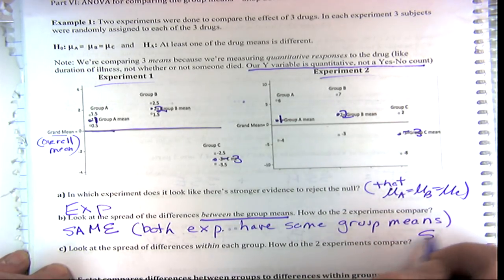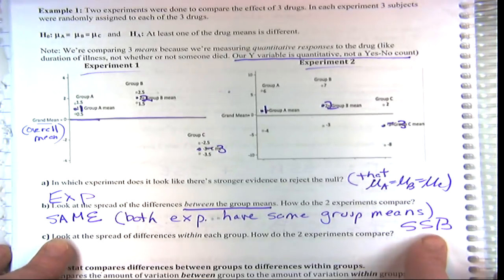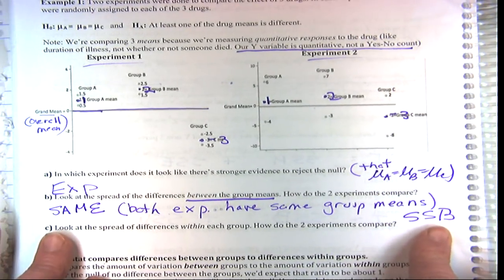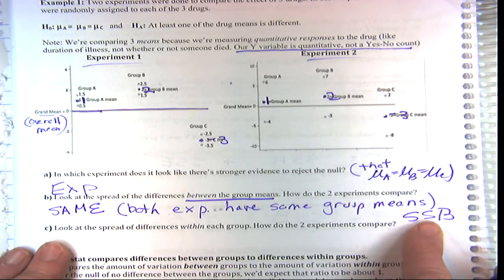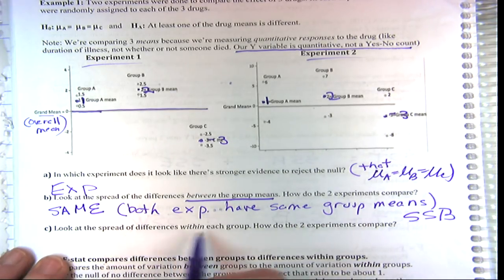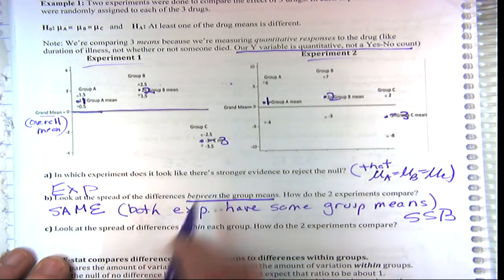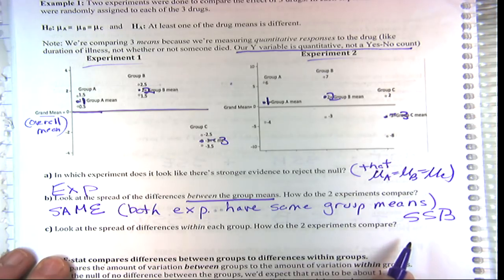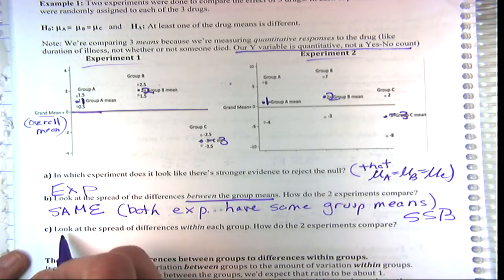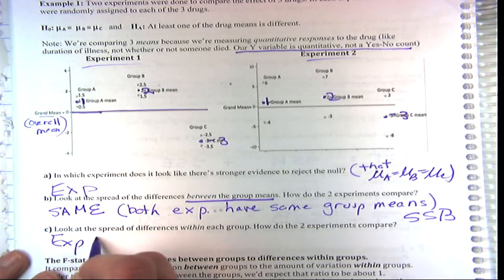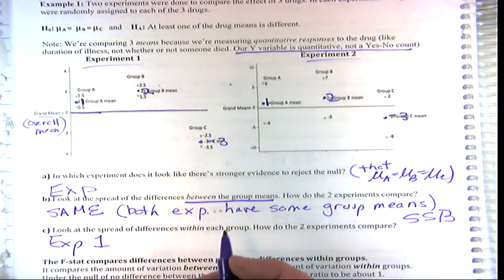That's a measure of the sum of squares between. The sum of squares between is going to be the same. But look at the spread within each group. That's the error. How do the 2 experiments compare? Experiment 1 has much smaller error.